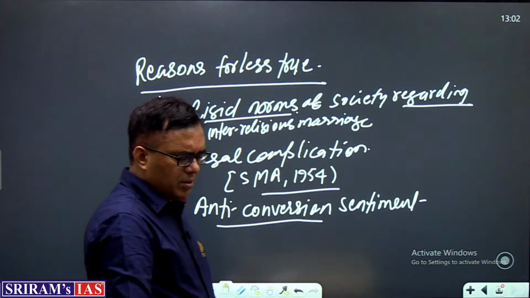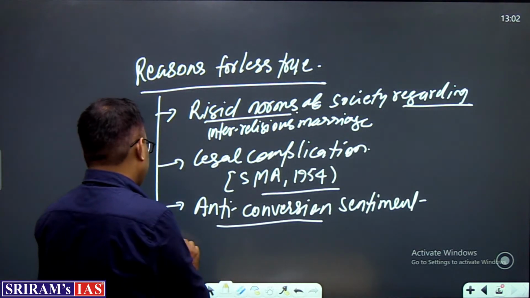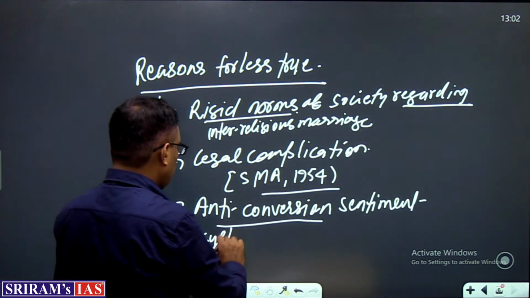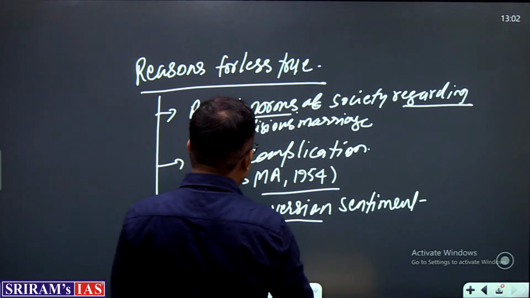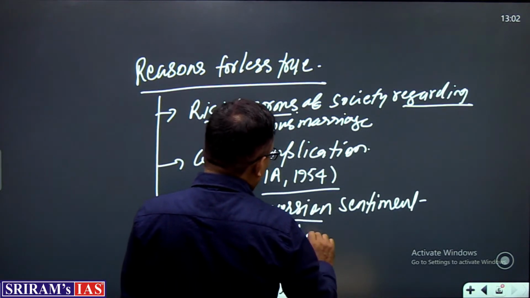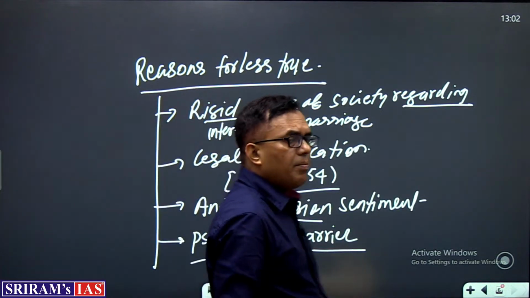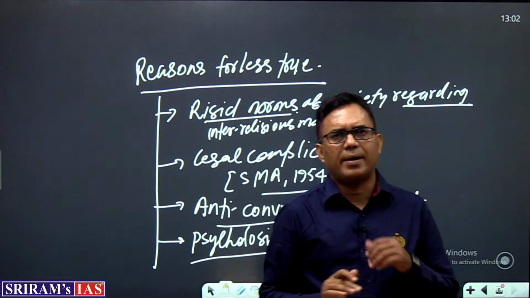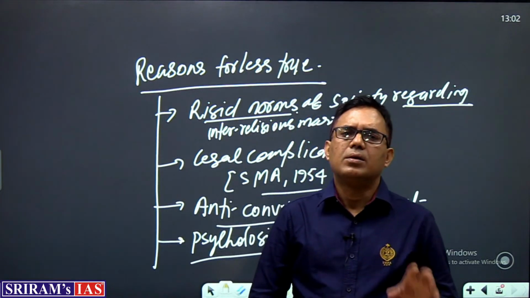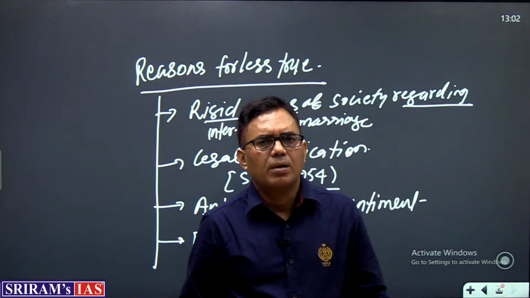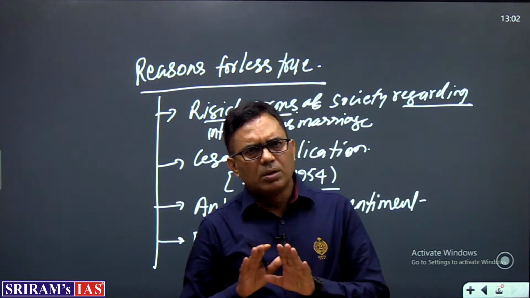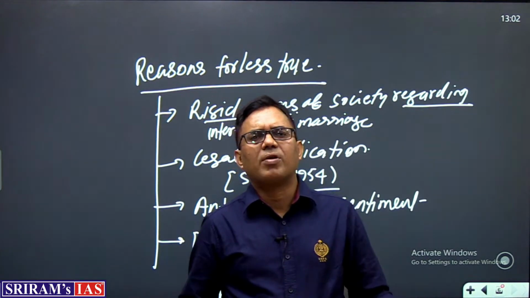Next, consider the psychological barrier. See how this psychological barrier is created in society. Psychological barrier is created in society just because of cultural differences, sometimes long cultural practices which are different from each other.